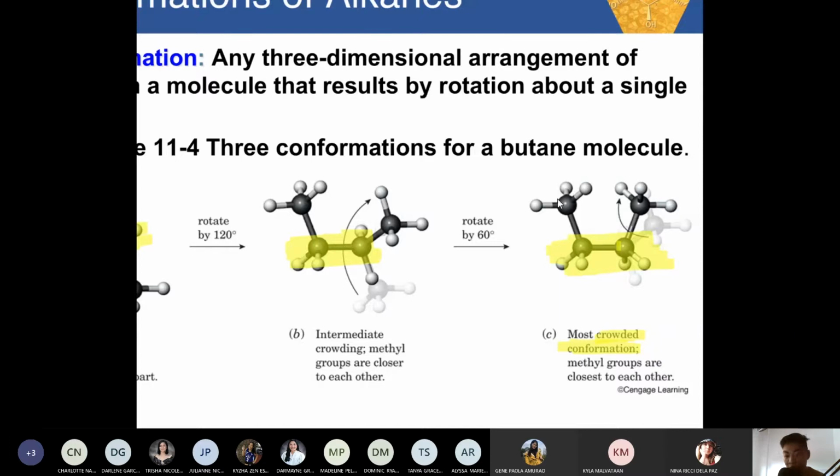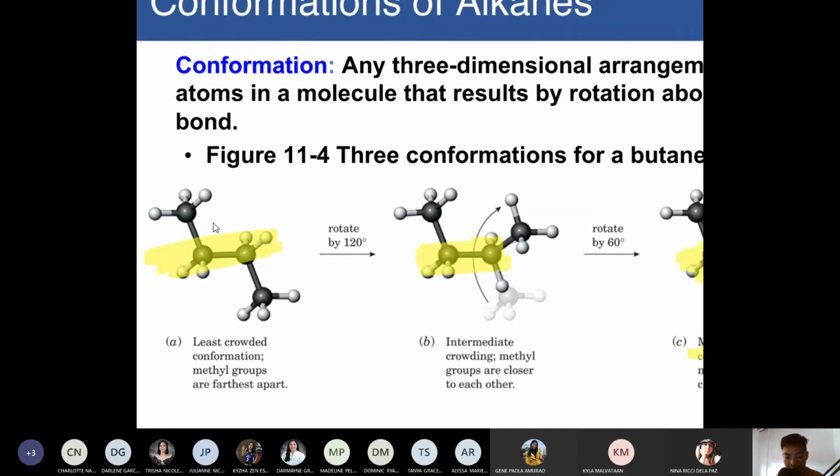So, kunwari, parehas silang magkasama. May electrons dito, may electrons doon. So, there will be repulsion. However, for this one, etong naka-zigzag, wherein your CH3s are separated, walang repulsion dyan. Least crowded. Bakit? Kasi itong CH3 mo, wala siyang natatamaan sa kabila.